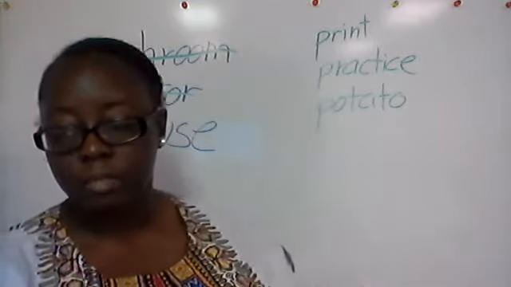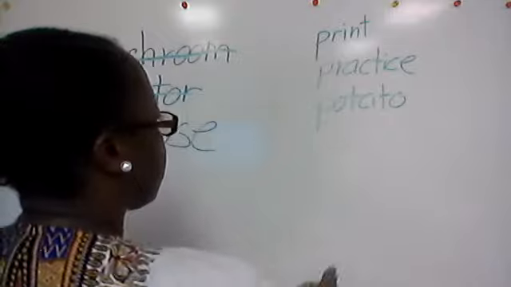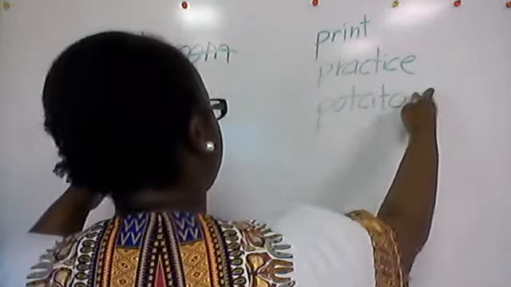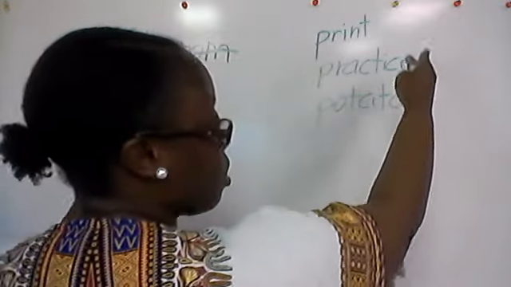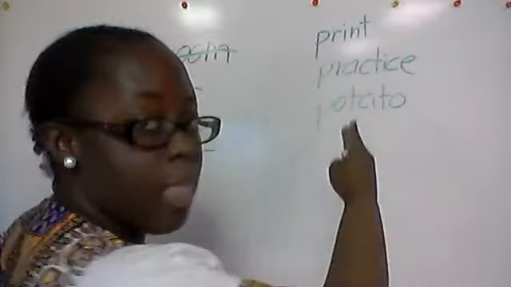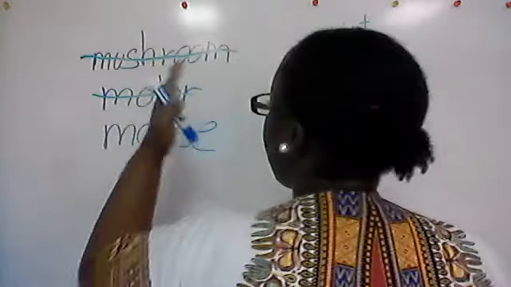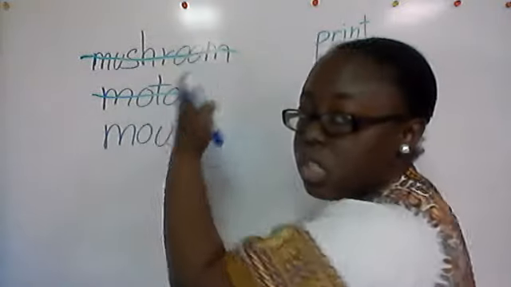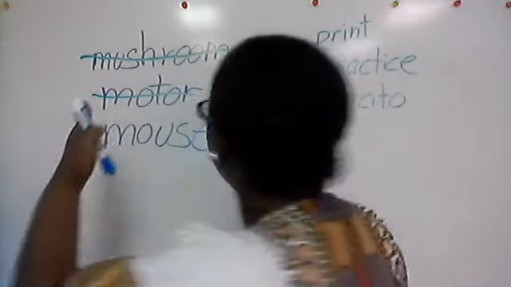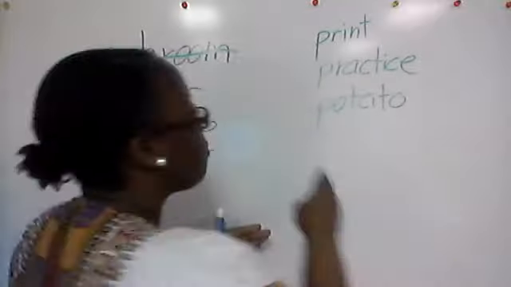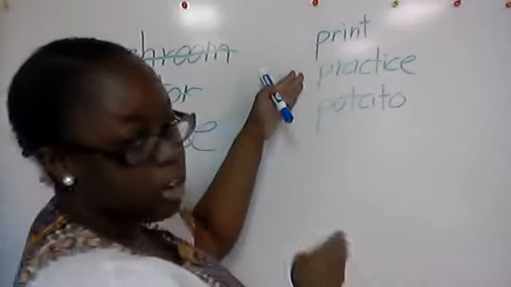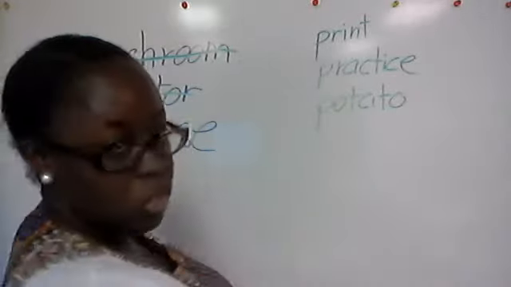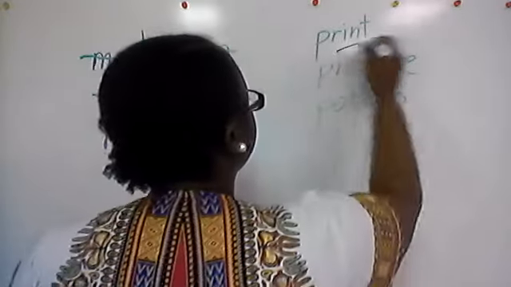Because remember I said that if you have, I'm going to turn like this so you can see, when you're looking at the guide words, the word on your right means that is the last word on that page. And then the word on your left means it's the first word, or first entry, on that page. So if the word practice comes before the last word on the page, which is preach, that means it is on that page, so we need to circle it.